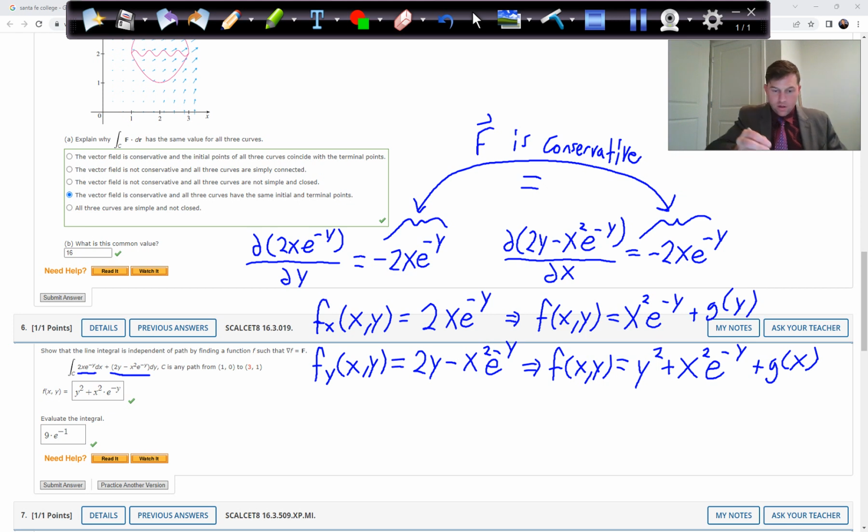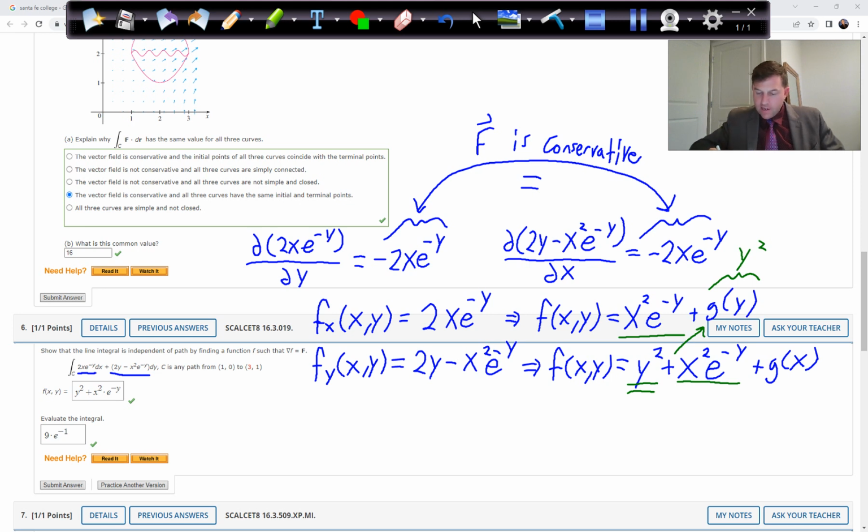except for, let's see if I can underline this. So this is exactly the same as this, so I can make these the same if I add this up here. So if I say this g of y was y squared, notice the partial derivative with respect to x, that would go to 0, so it does not change my i component of the vector field.